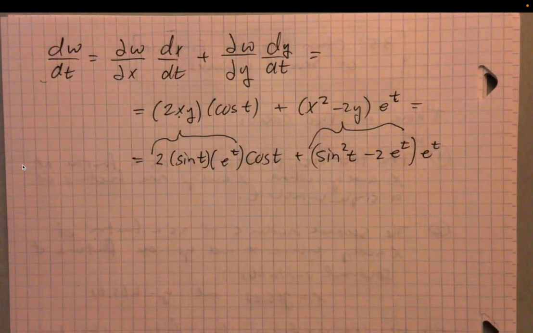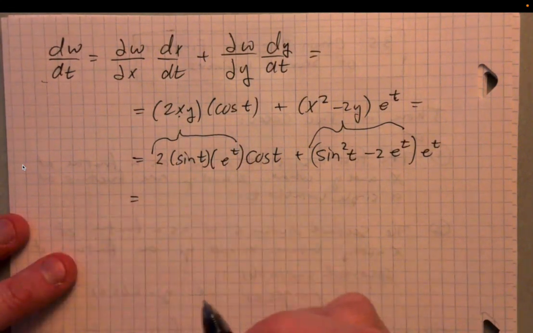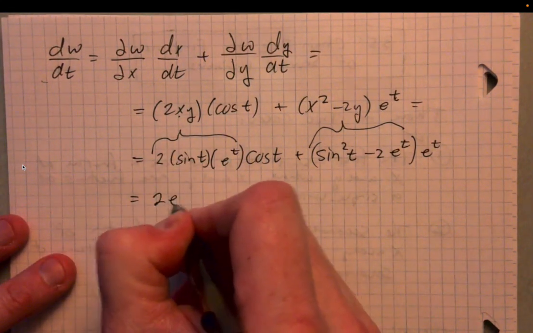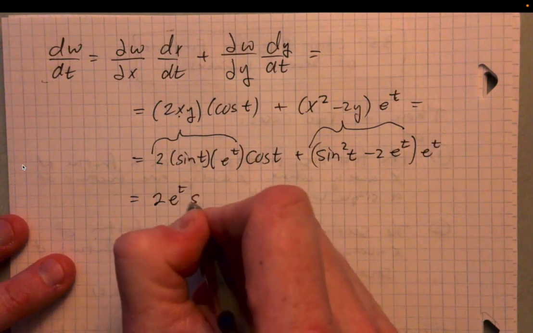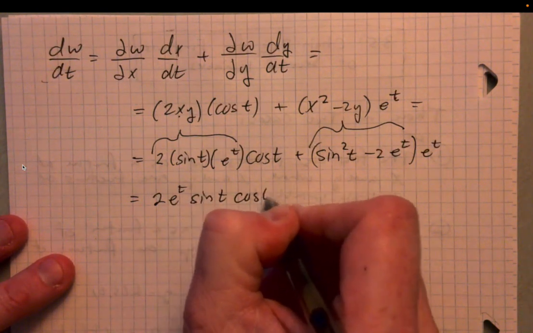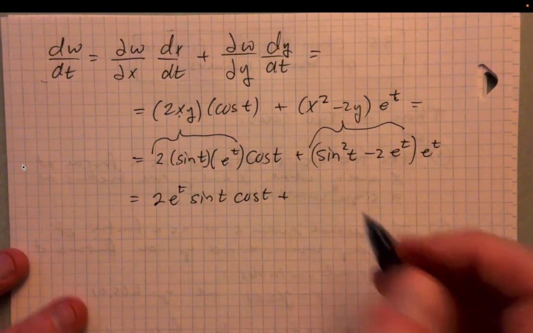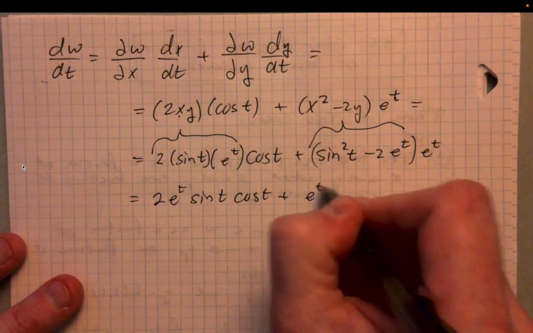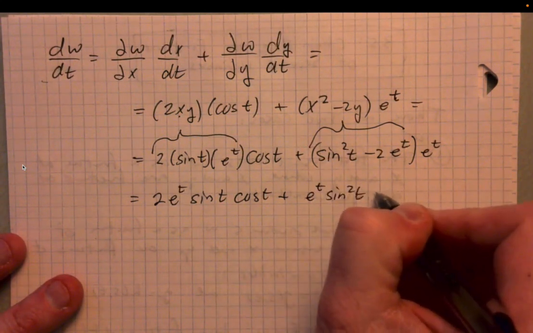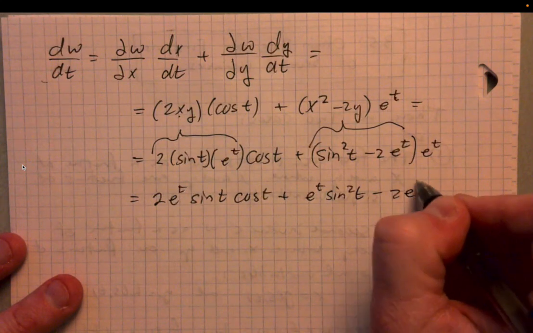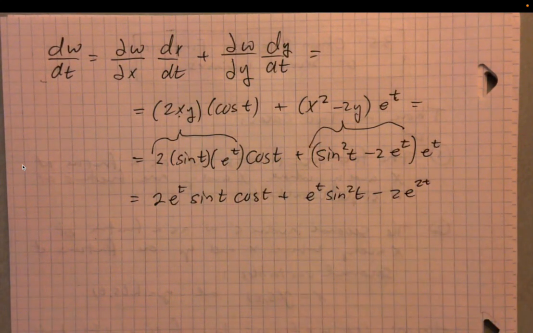Okay. And then we could simplify this a little bit further, and we get 2 e to the t sine t cos t plus e to the t sine squared t minus 2 e to the 2t. I'm kind of distributing the e there. So then this is the derivative of w with respect to t.